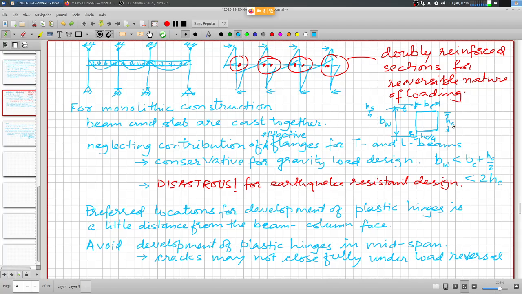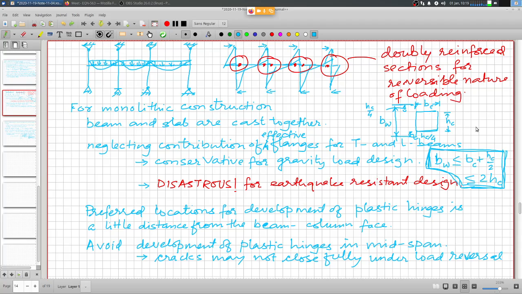So this criterion has to be adhered to in the proportioning of the beams to ensure adequate complementarity of the action between beam and columns in resisting earthquake load. And of course, similar considerations apply for columns also. Although it is possible, it is not that critical. Column size can exceed beam size.